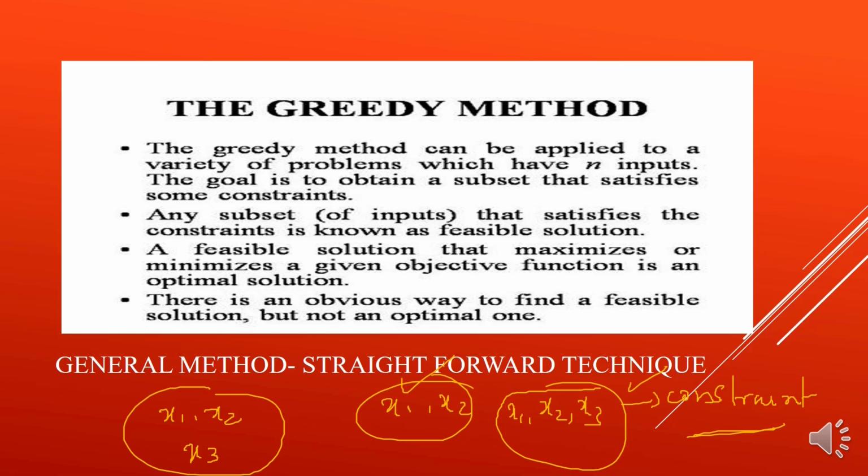Any subset that satisfies the constraint is known as a feasible solution. So if this is your choice, or this is your choice, and it satisfies the constraint, then you can say that the particular solution you have obtained is a feasible solution. Now, when can you tell that this is an optimal solution?